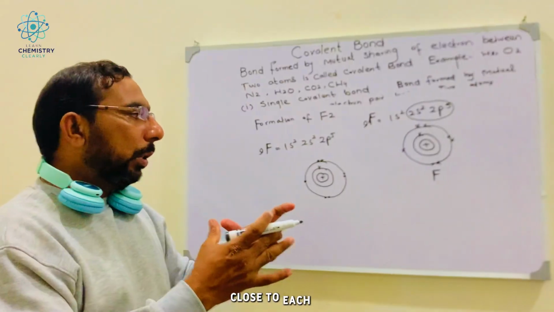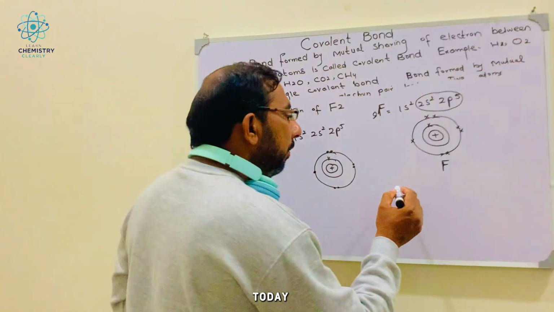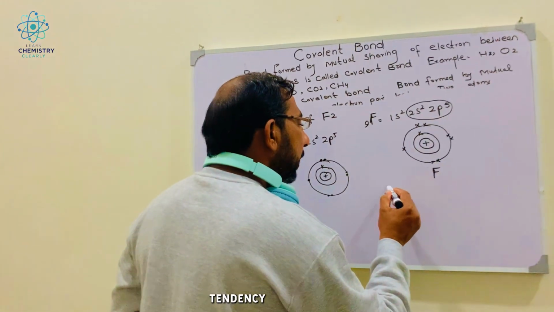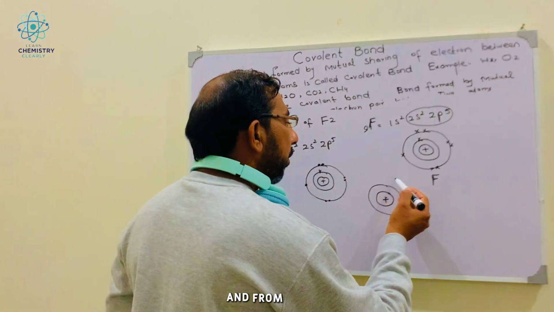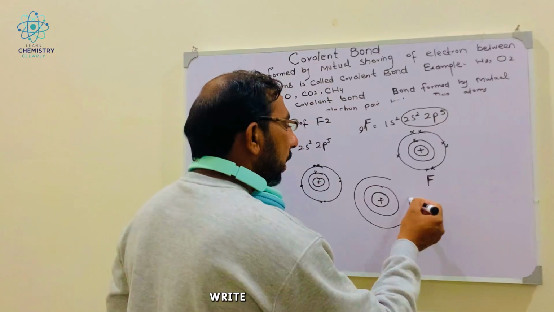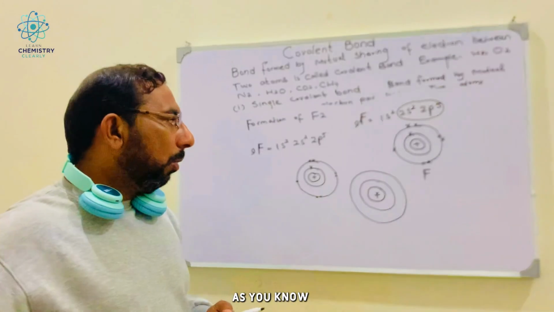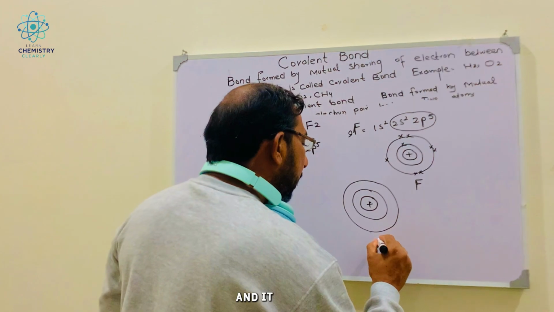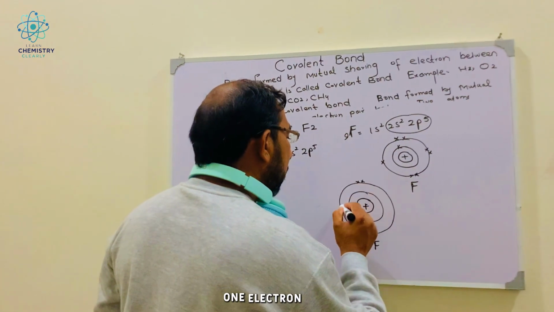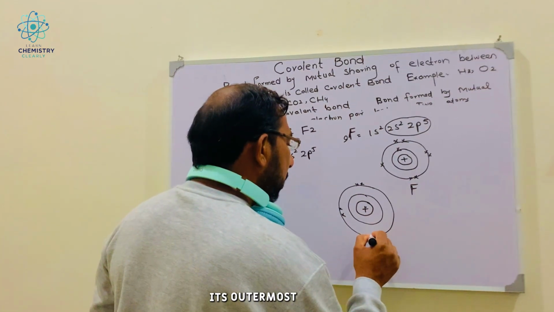When they come close to each other like this, they will have a tendency to mutually share one electron from each atom. I can write its structure as, you know, this is one fluorine atom, and it has 7 electrons in its outermost shell.